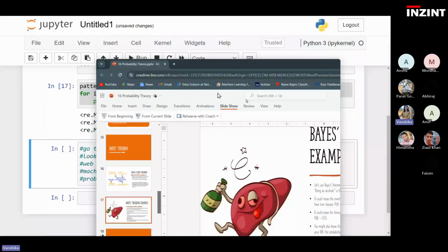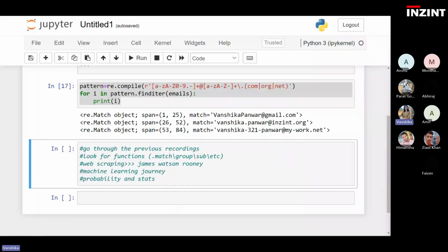So let's go back and look at a demonstration of the same. For the purpose of demonstration, I have a data set and I have already dropped it in the drive. Also pasting the link for the data set in the chat. Anyone who wants to attempt this demonstration with me, give me a thumbs up and access the data set.